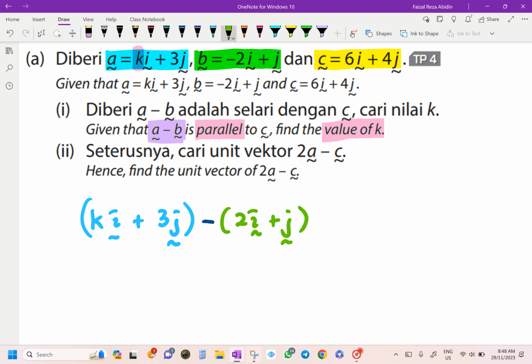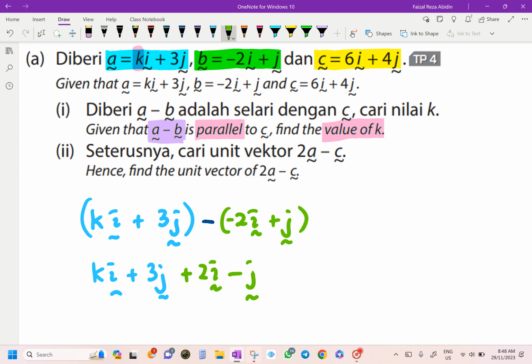K minus 2i, right? Okay, wait. ki plus 3j, negative 2i. The B is not negative 2, negative 2 plus j. Sorry. This one will get negative j.